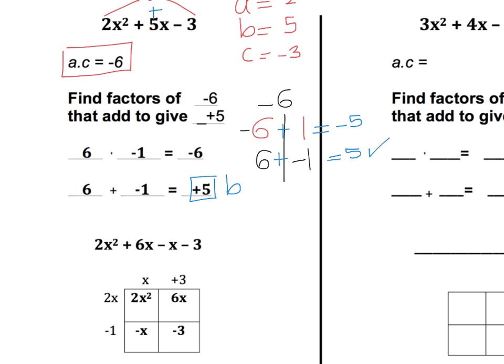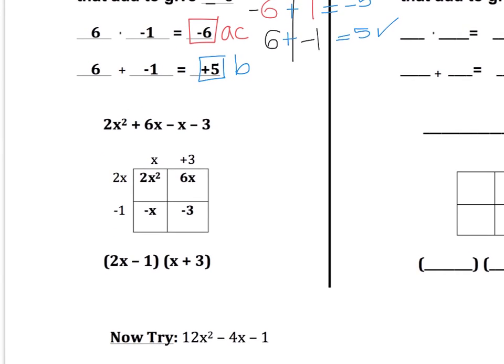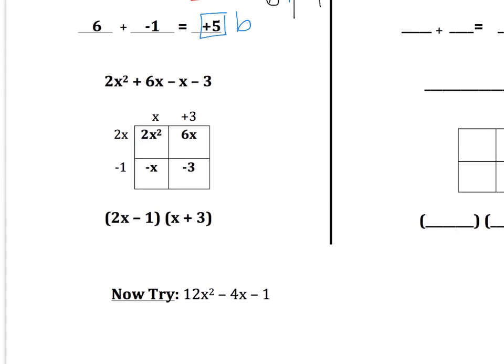What do I split it to? Once I find those 2 numbers that multiply to give me AC and add to give me B, that's what I split the middle term to. Now, what I need to do is draw a box and arrange those 4 terms in the box. It doesn't really matter how you arrange them. So if you put 2x squared over here or here or here, it will still give you the correct answer.